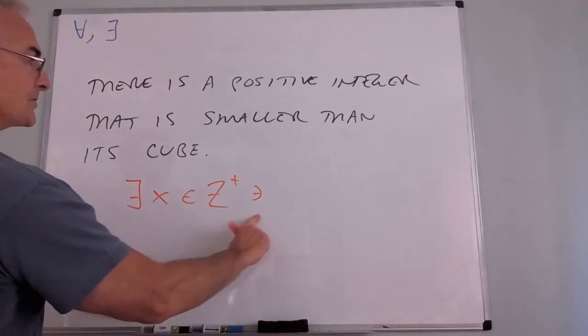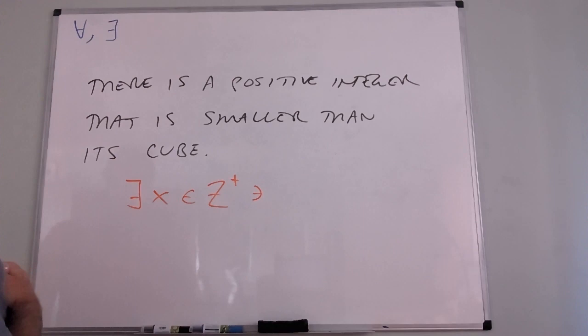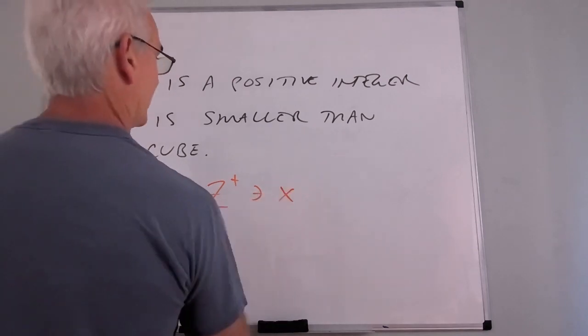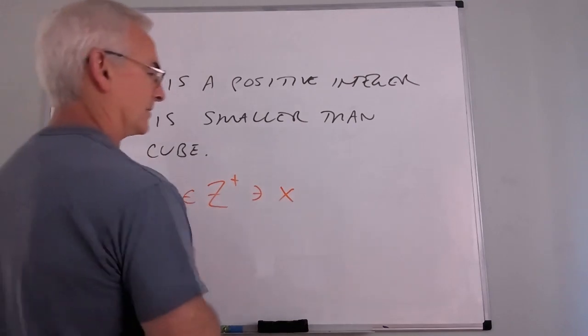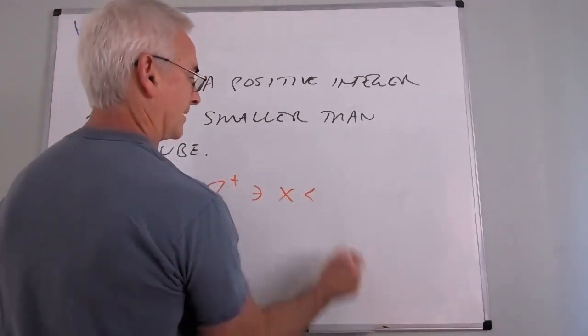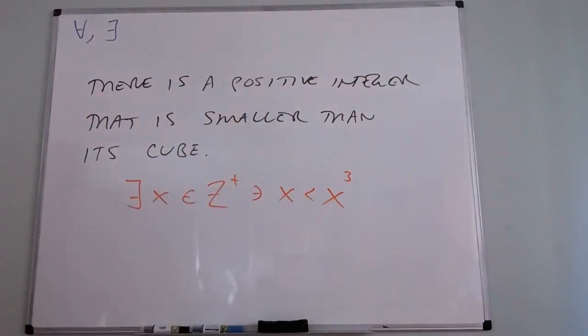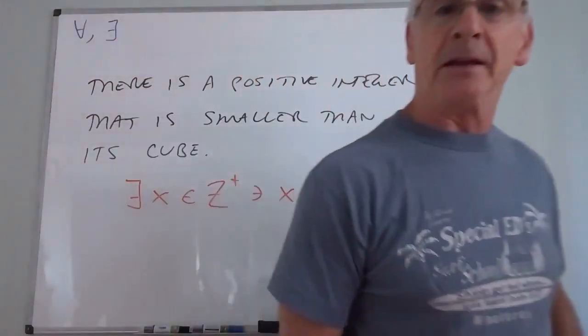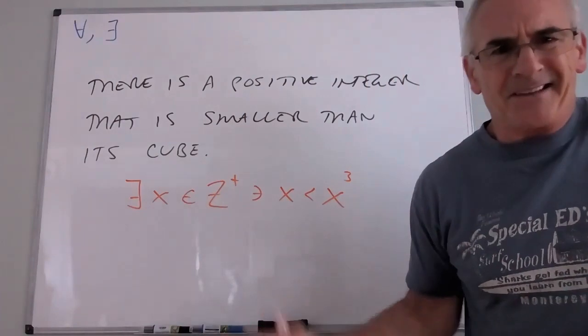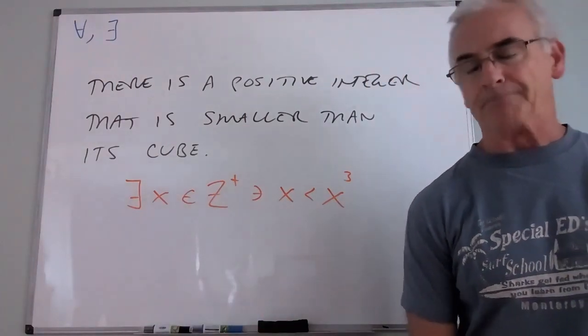There's a positive integer such that, keep going now: x is less than x cubed. Beautiful. We're getting a PhD in symbolic notation here. That's excellent. That's exactly what it's supposed to be. And you're saying, God, that's just not that hard. That's a fairly simple thing.